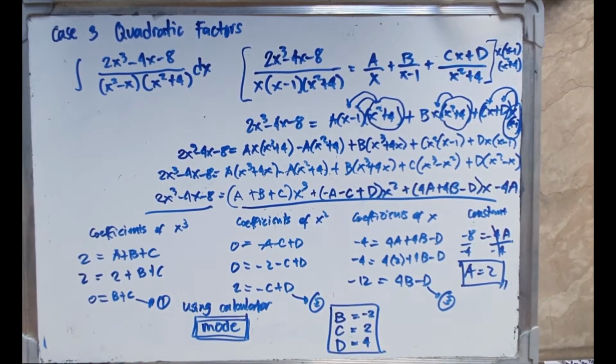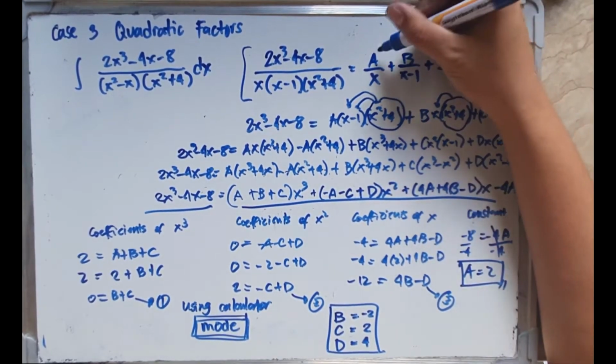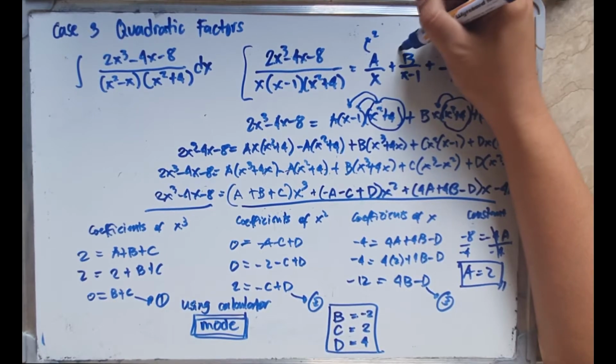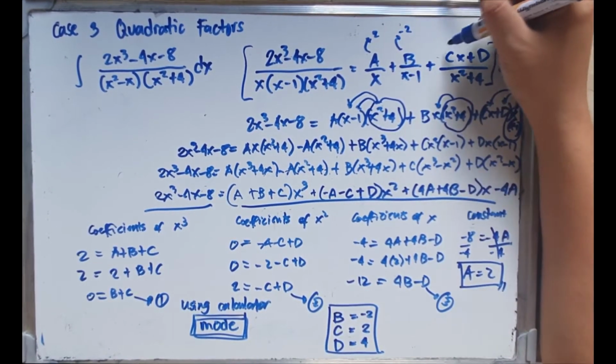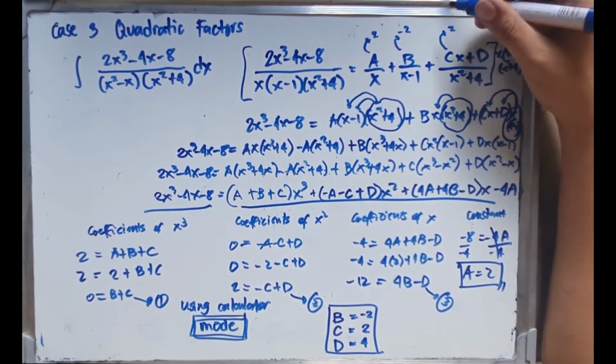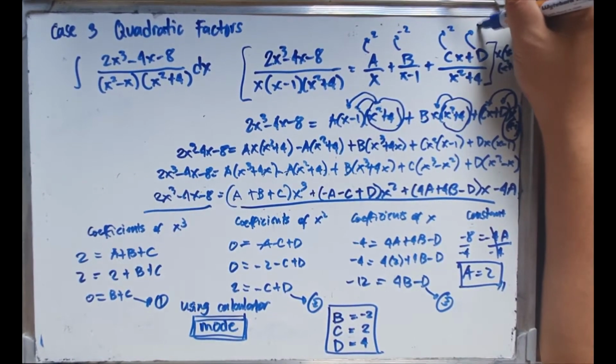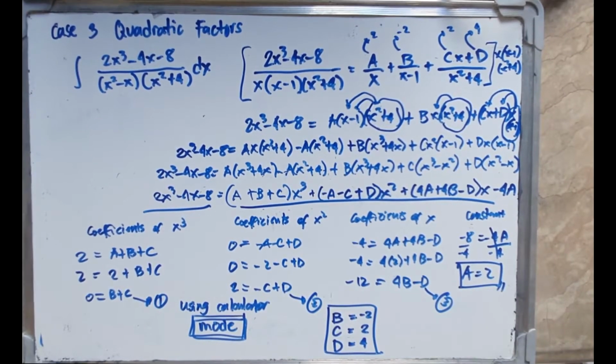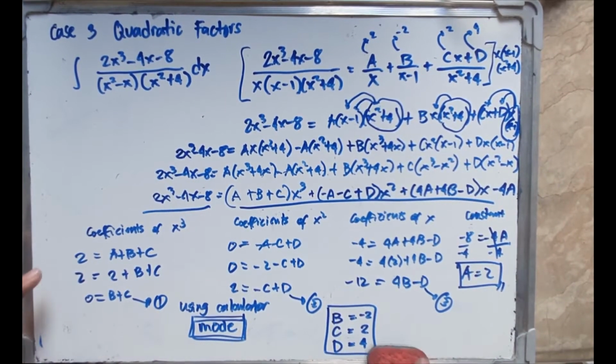Okay, so we now have the value of a, which is 2, the value of b, negative 2, the value of c, 2, and the value of d, which is 4. Okay, using our calculators.